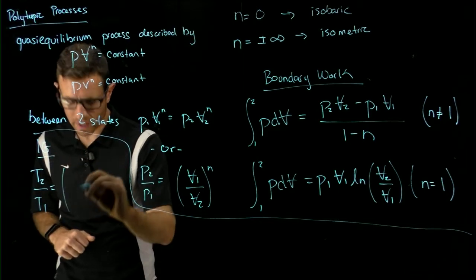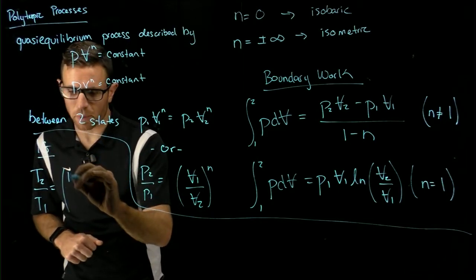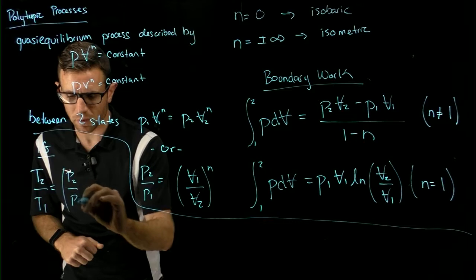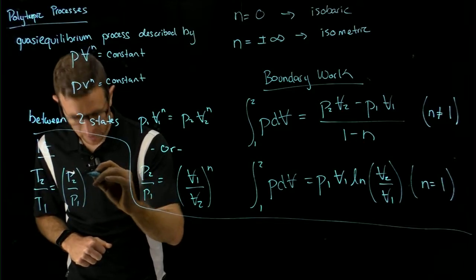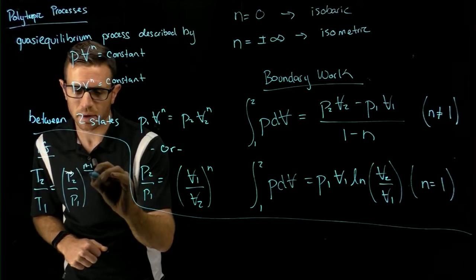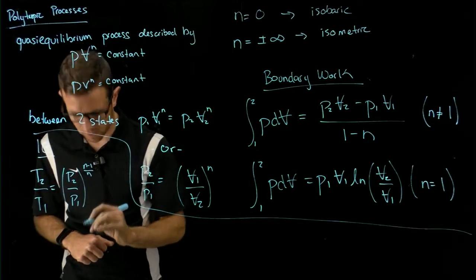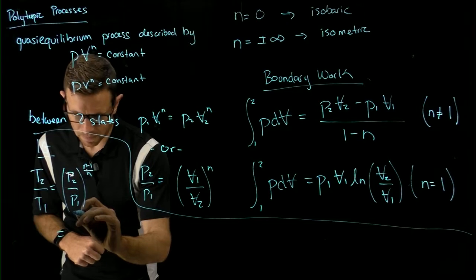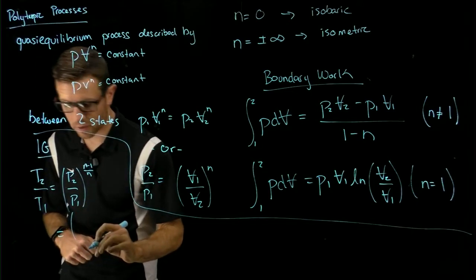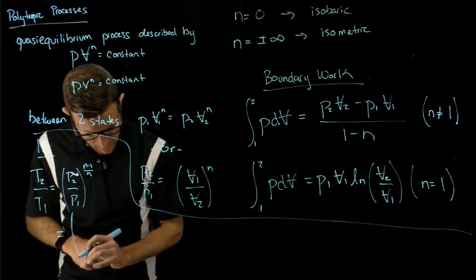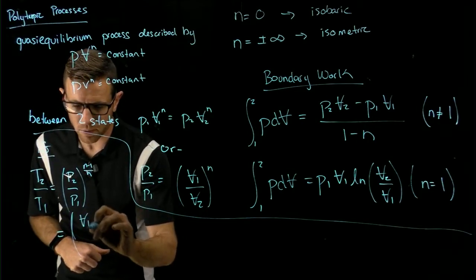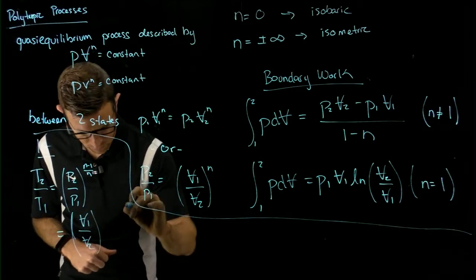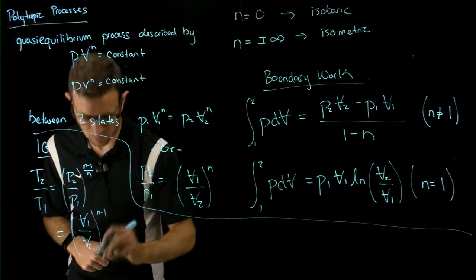We're now going to say, knowing what we know about our polytropic process, P2 over P1 to the n minus 1 over n power, and that is going to also be equal to V1 over V2 to the n minus 1.